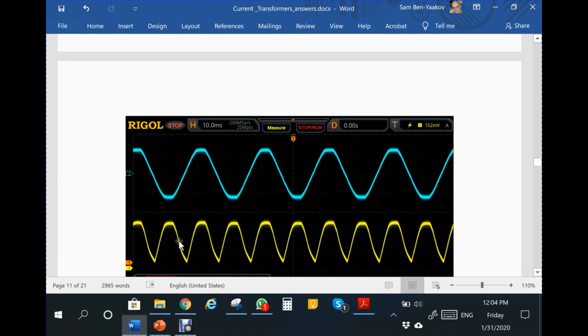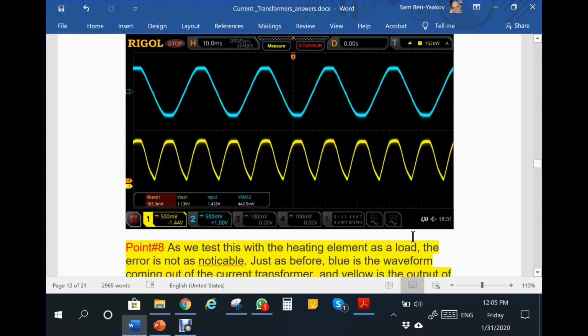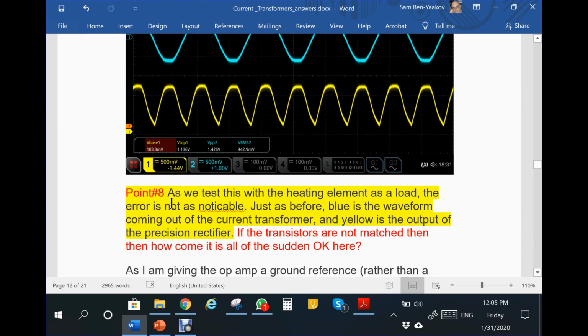There is an error, but in this case the error is very small, so this is why you see it just about the same. So therefore, I think that just saying that as we test this with the heating element as a load, the error is not as noticeable.